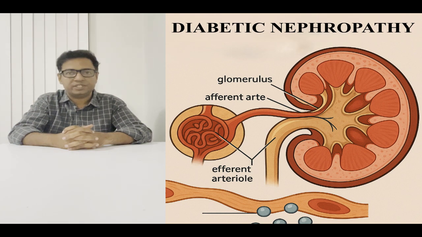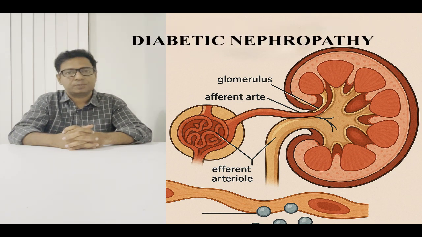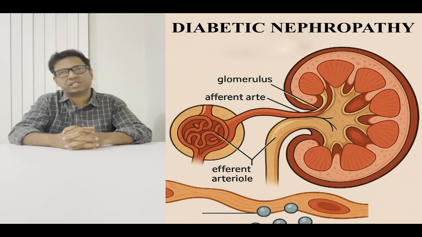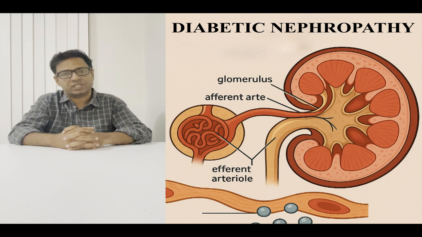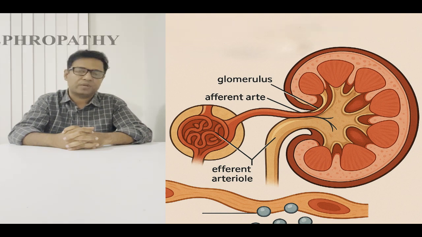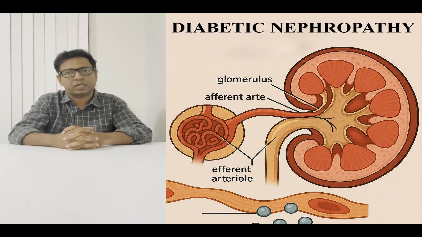So we have to detect it in the early stage by doing some investigations, especially blood investigations like serum creatinine, and urine investigations like urine full report or urine albumin creatinine ratio, which may detect albumin leakage in the urine due to the affected glomerular structure.